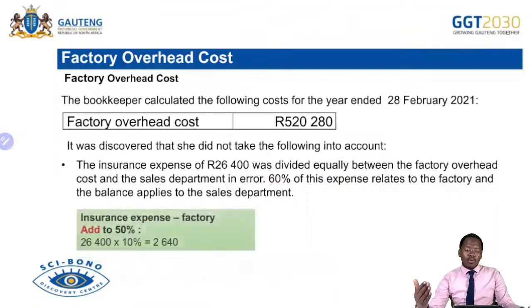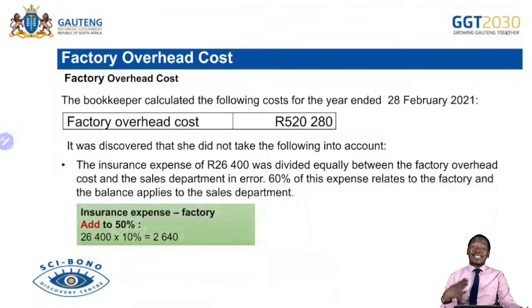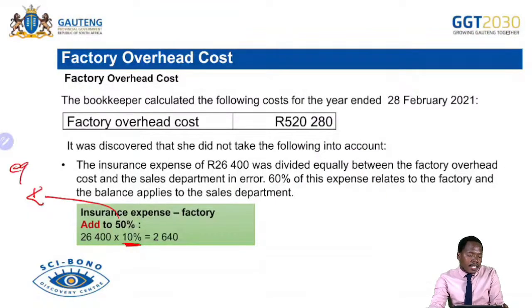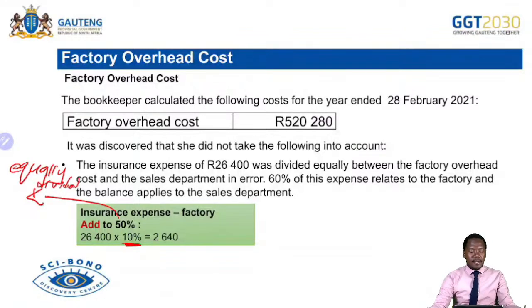Now, it means one amount was overstated, one amount was understated. Now, for the factory, we are going to add 10% on the 50%. Where is 50 coming from? That is the equal. Remember, 50% means equal. Equally divided. That is what they said on this.